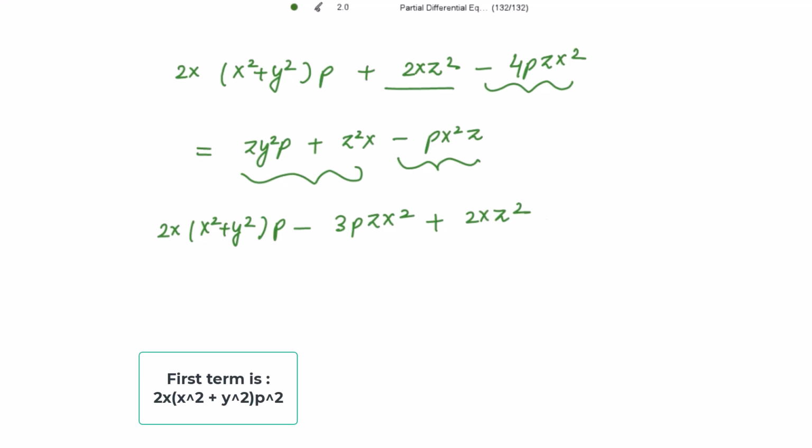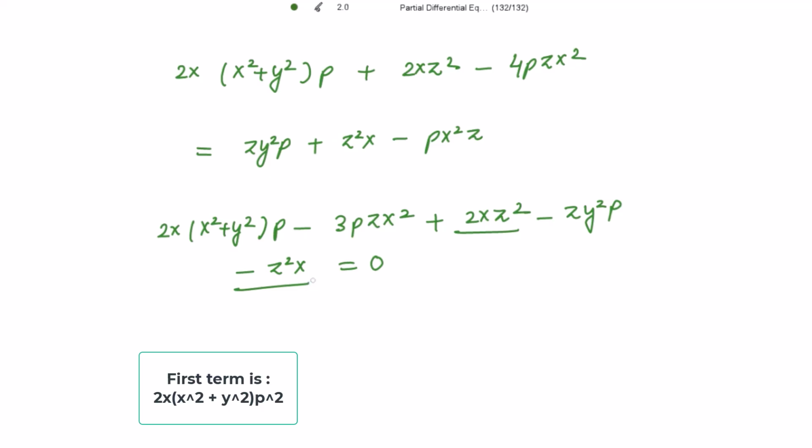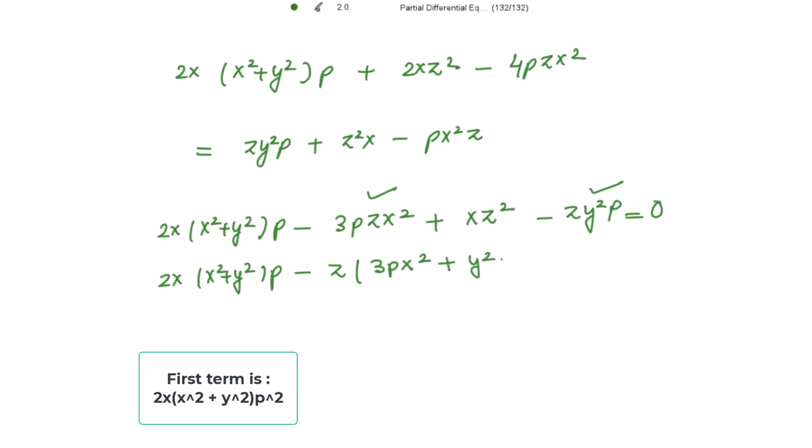Taking these to the left hand side, minus zy square p minus z square x equal to 0. 2xz square minus z square x becomes xz square. So writing the first term as it is, taking z common from these two terms, minus z common from these two terms, this is (3px square plus y square p) plus xz square equal to 0. We can also take this p outside from this bracket.